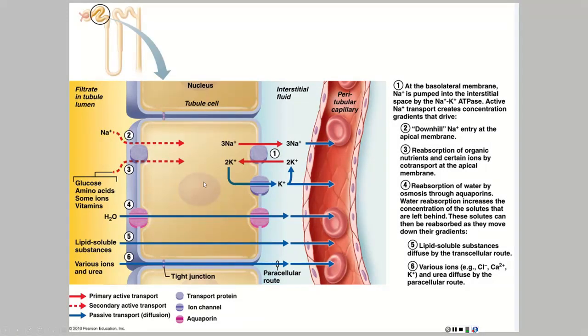So not only are we lowering the sodium concentration, we are also pumping 3 positives out, but only 2 positives are coming in. So we're losing positive charges every time we do that. We're making the inside of the cell more negative, just like every cell in our body.